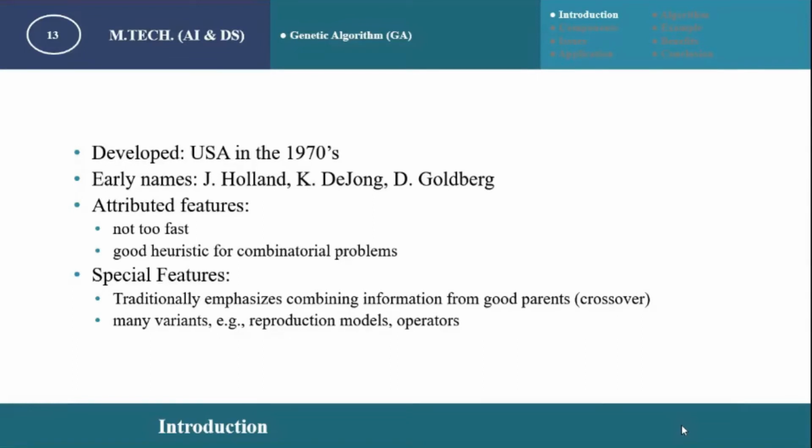Even though most of the properties will be the same, some difference will be there. And even though the main operators are selection, crossover, and mutation, the order in which these operators are applied to a particular population, a particular set of solutions, can be different. That also creates another variant of the same genetic algorithm.